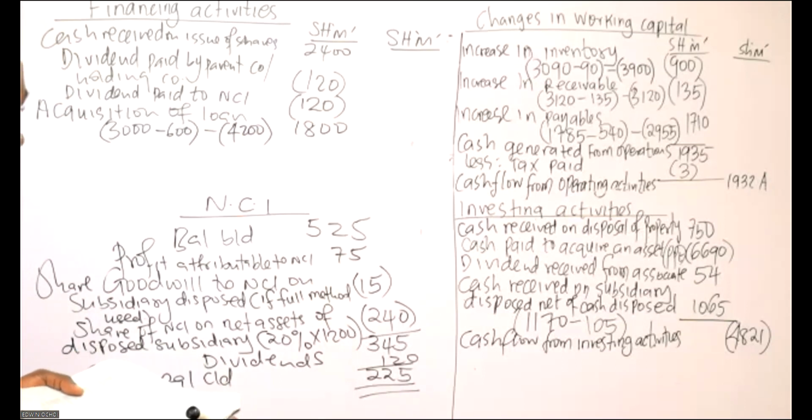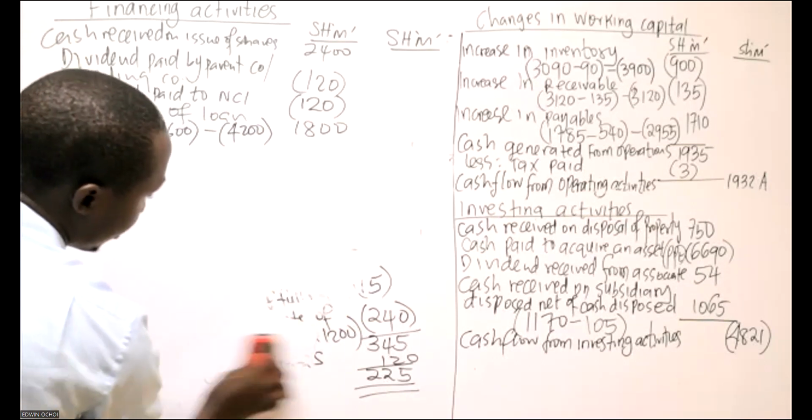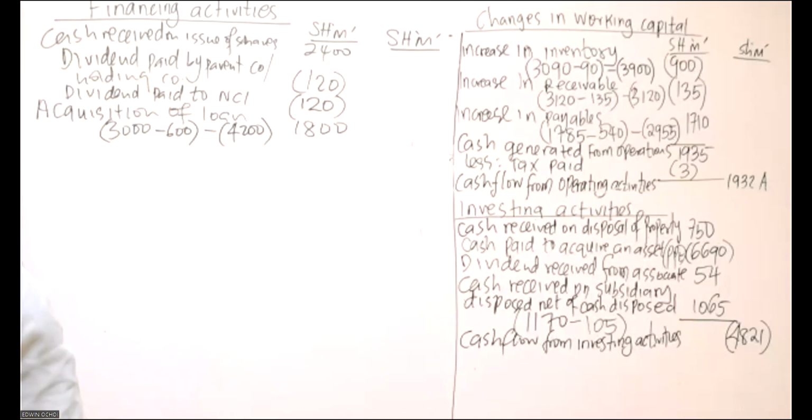After bank loan, we have obligations under finance lease. But obligation under finance lease is both in non-current liability and current. So what we do, we aggregate. So we do our working for that.